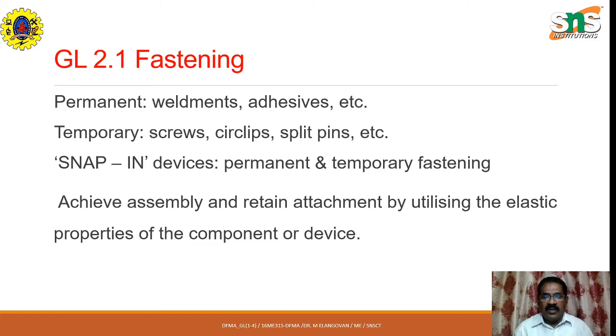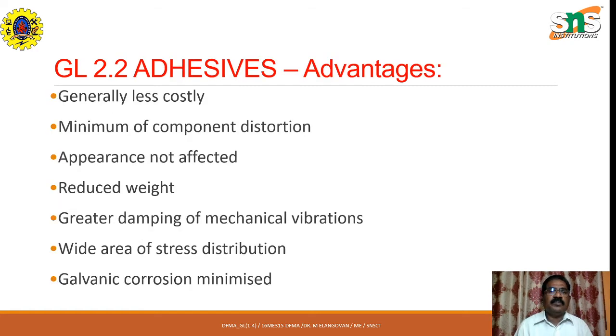That is what I told you about the cell phone back cover getting snap fit, etc. There again, you see that the snapping part slightly gives away and then snaps back into the original position.